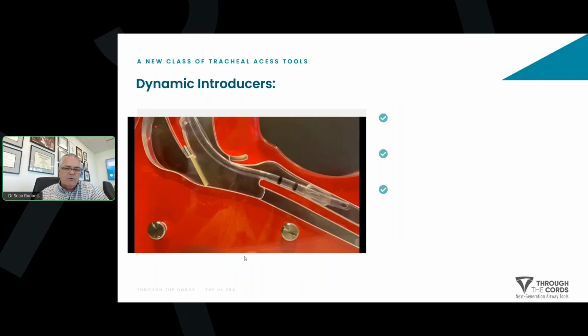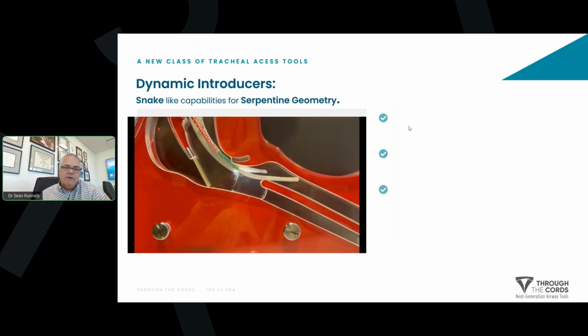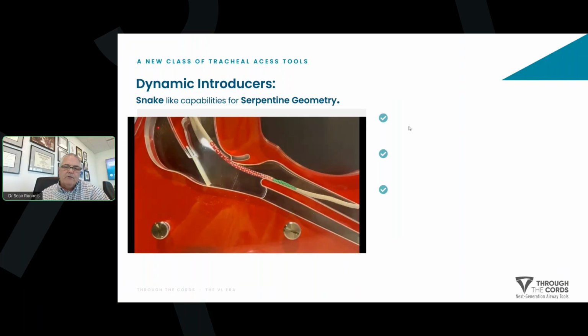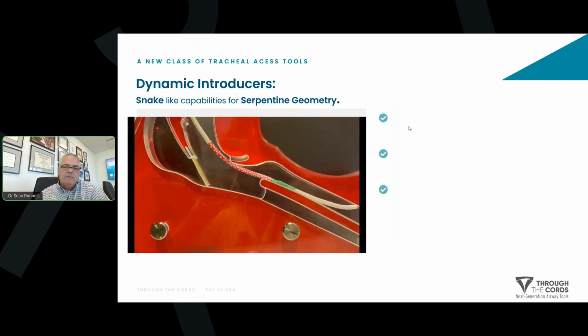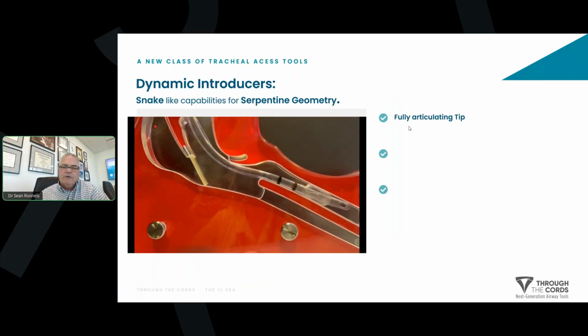So not much force on tissue is necessary. Snake-like capabilities are necessary for force-free or low-force intubations when we're using hyperangulated video laryngoscopes: fully articulating tips, flexible non-biased shafts, and force generated by the hand of the operator, not the tissue of the patient.